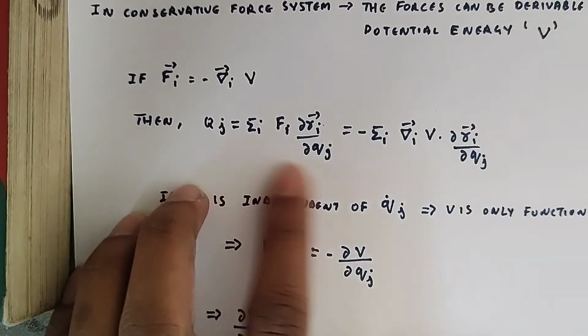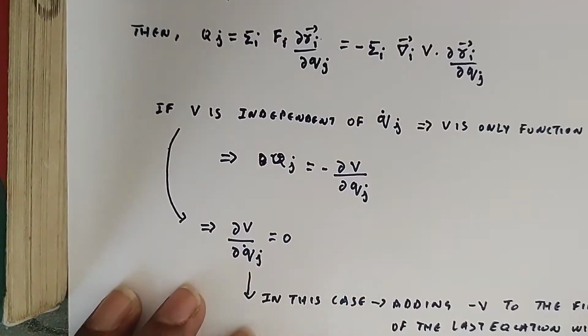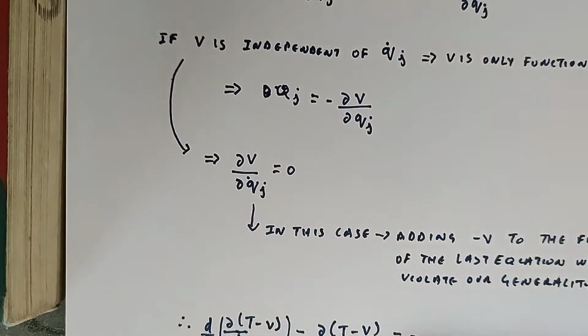Okay, so we have an equation for Qj. Now what I can do is set V as independent of Q dot j. My force only depends on the generalized coordinates.